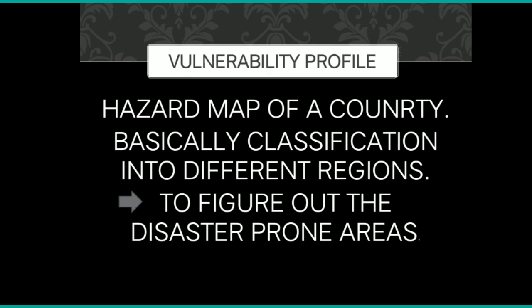It basically segregates it on a map to understand which region of the country will be affected by disasters or natural calamities. So a vulnerability profile is a hazard map of a country, classifying the country into different regions and categorizing them according to the impact of these hazards.